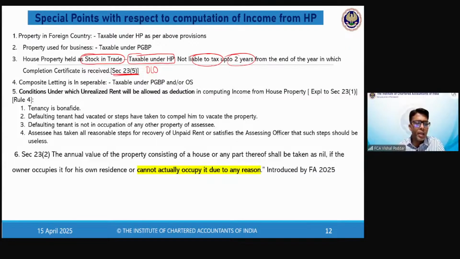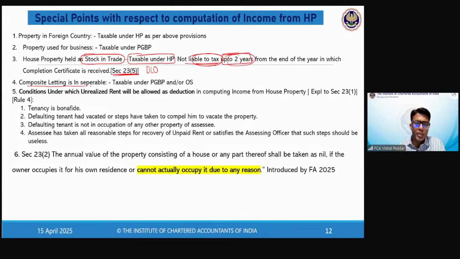And within that, there is a relaxation that for the first 2 years after the construction is completed, we will not tax it. Thereafter, it will be taxed if it is still lying with the builder.